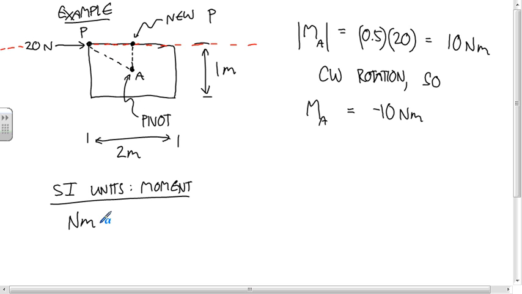So energy has units of, there's a couple ways you can express it, but one of them is Newton times meter. With energy, we called it a joule. So we could call this a joule, but we don't, just so that we don't mix up energy units with moment units, because even though they have the same units, they're not the same thing. Okay? So don't call this joule, even though you could.